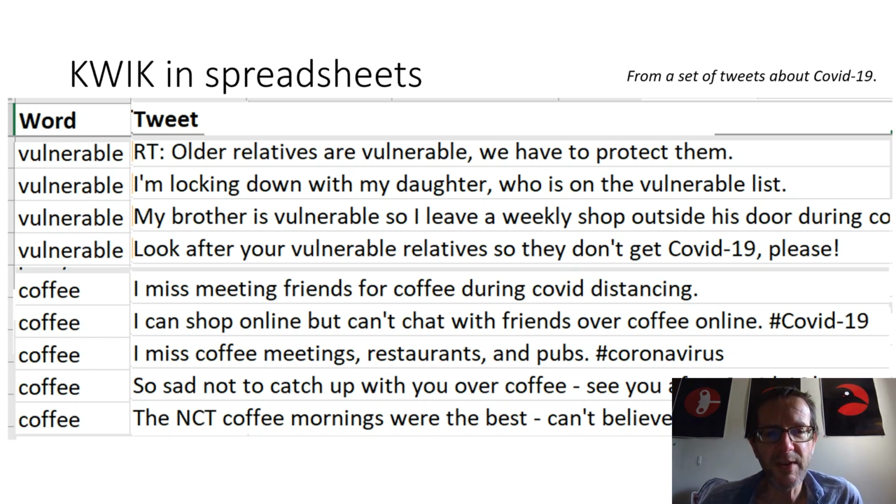And coffee was again detected by the word association detection. So our task here, our quick task, word association contextualization, is to identify the meaning and context of the word vulnerable and the meaning and context of the word coffee. So what do you think the meaning and context of the word vulnerable is from reading just these 4 texts?